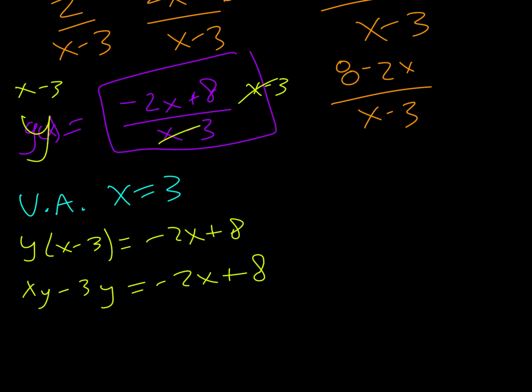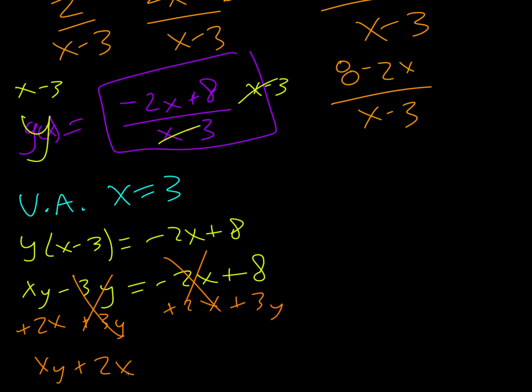Now I want all my x's on one side, so I'm going to add 2x to both sides. But I'm also going to add 3y to both sides to get rid of that y. So those cancel, those cancel. And so we have xy plus 2x equals 3y plus 8.